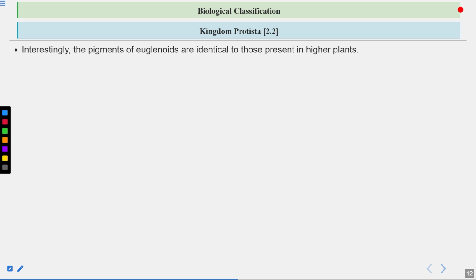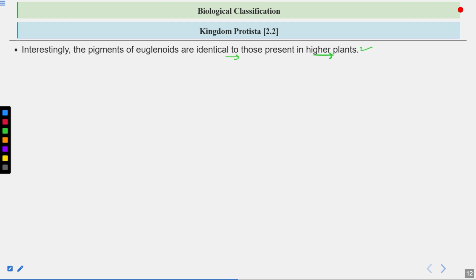Interestingly, the pigments of euglenoids are identical to those present in higher plants. Okay. So again, this is also very interesting. Euglenoids, they can photosynthesize and they have the pigments that are very identical to those present in higher plants. So again, you can say they are plant-like also.